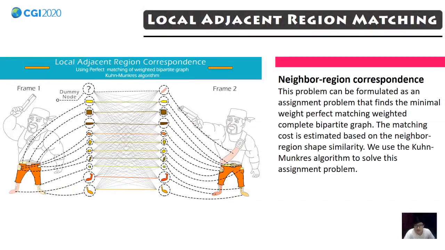The next task we need to do is find the correspondence of adjacent regions. Assume we have to match main regions Vmain and Vmain prime, like the two pens. We need to establish correspondence between their neighbor regions.